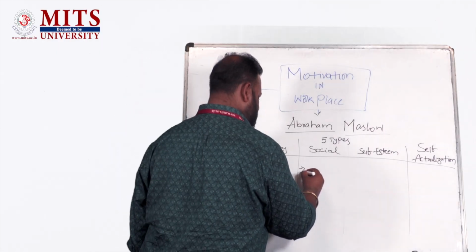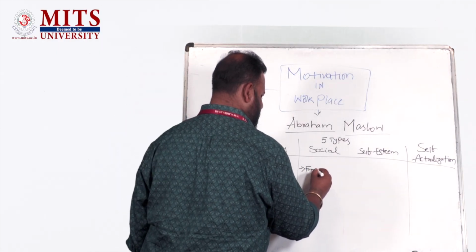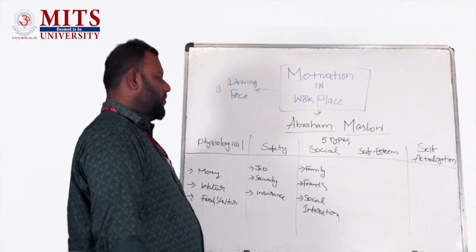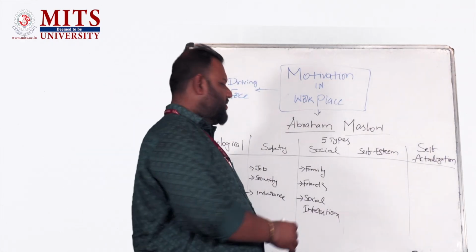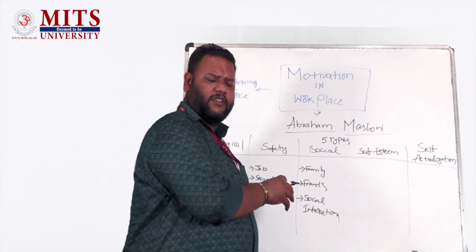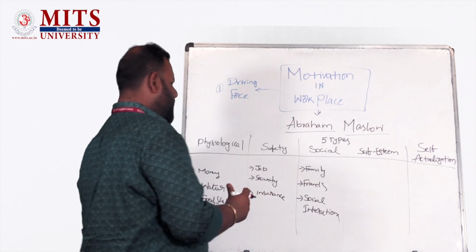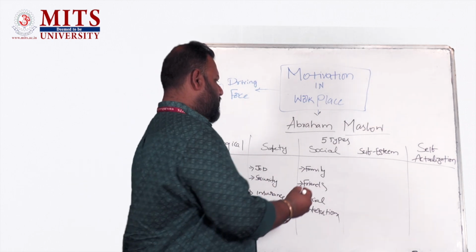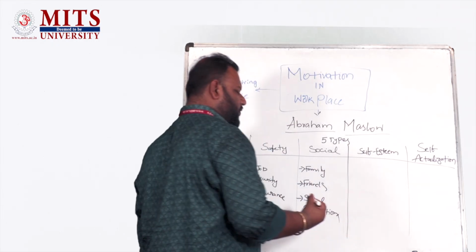The third one is family, friends, social interactions. What kind of role does this section play in an individual's life? It needs to be balanced from both ends.